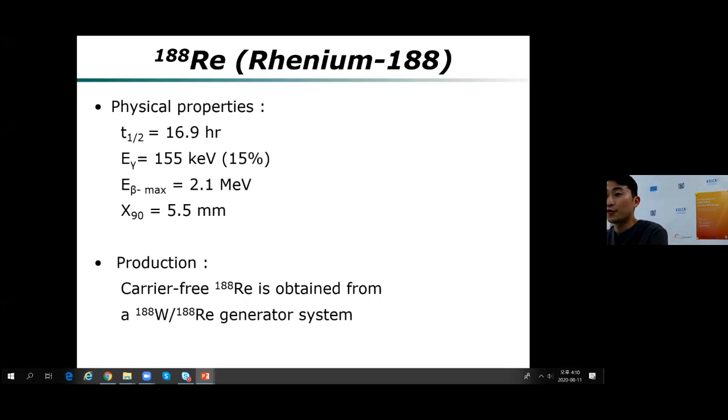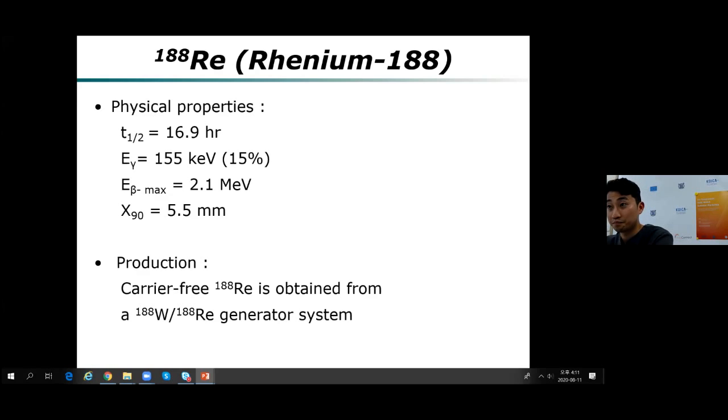Rhenium is also usable with the same chelator as technetium because its coordination number is relatively the same, but its physical properties are totally different, because rhenium is a possible radioisotope for therapy because it emits beta particles.